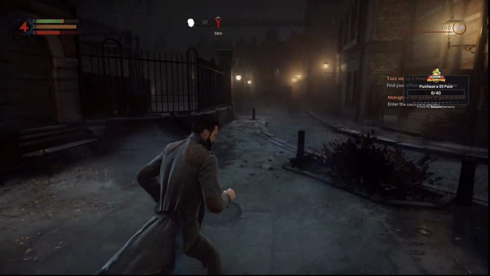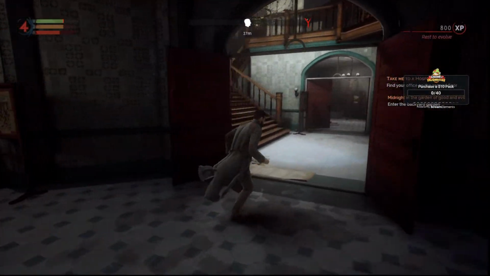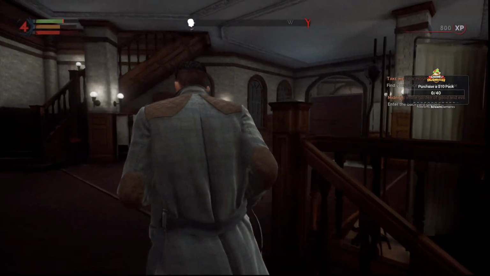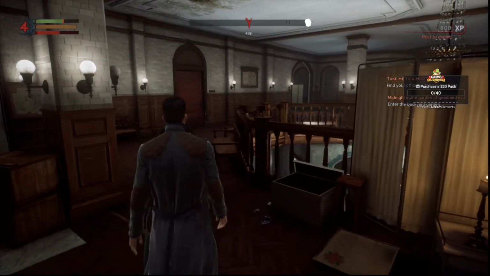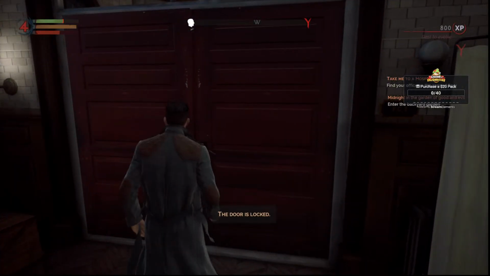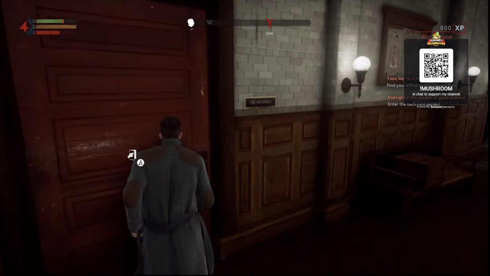Damn, they got their own little town. I cannot enter. Locked door simulator.